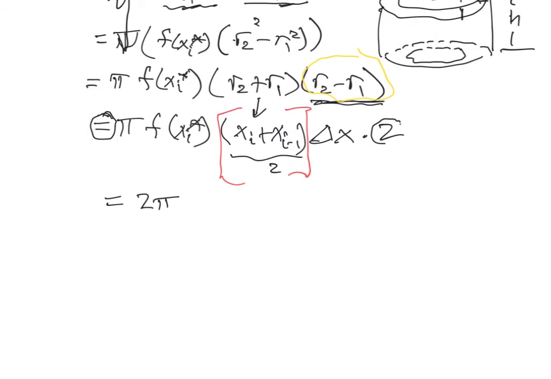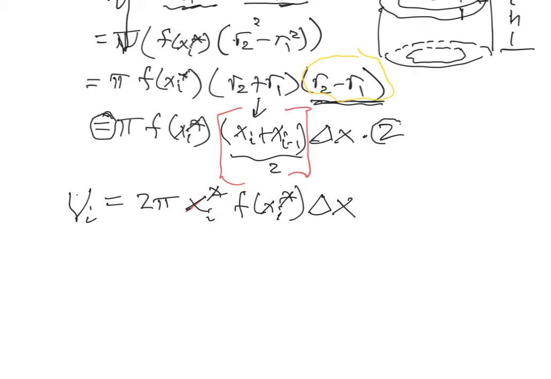So let's write it in there, and we'll write it before the F, just so it looks better that way. So this thing in red is my xi star, and then I have my F of xi star. And last but not least, and very importantly, we have our delta x. Remember, all of this is equal to an estimate of the volume on the ith subinterval, and therefore the total volume.